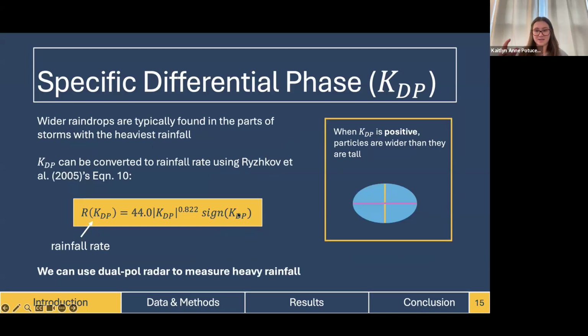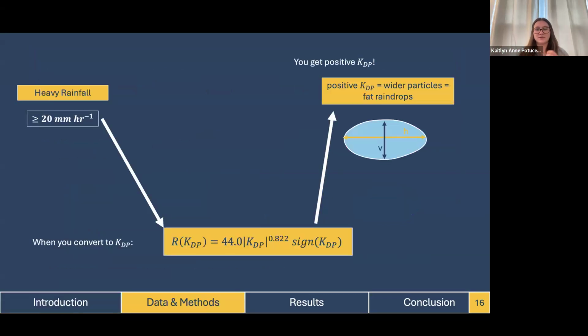We can take this KDP value, which is in degrees per kilometer, and convert that to millimeters an hour to get a sense of rainfall rate using this equation from Richkoff et al. in 2005. So we can use dual pole radars to measure heavy rainfall in regions without rain gauges. As an example, take intense rainfall of 20 millimeters an hour, plug that into this equation and rearrange it to backtrack and find the KDP.